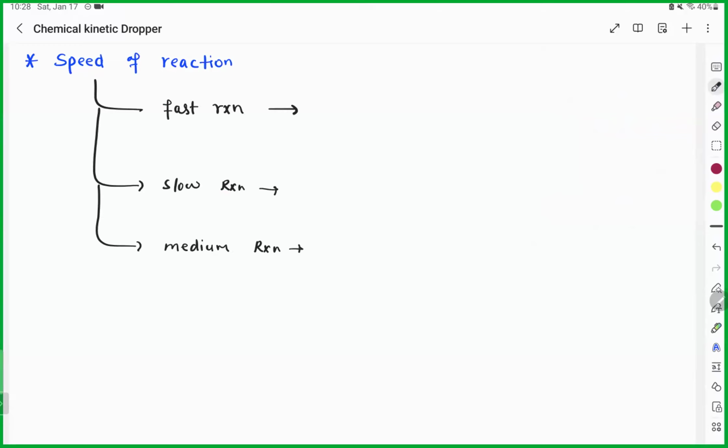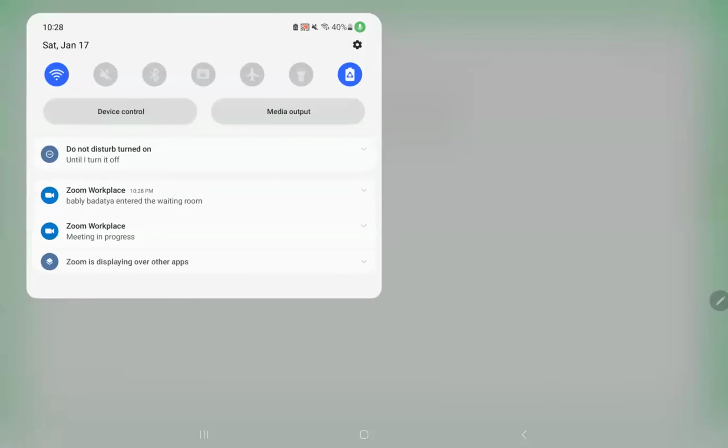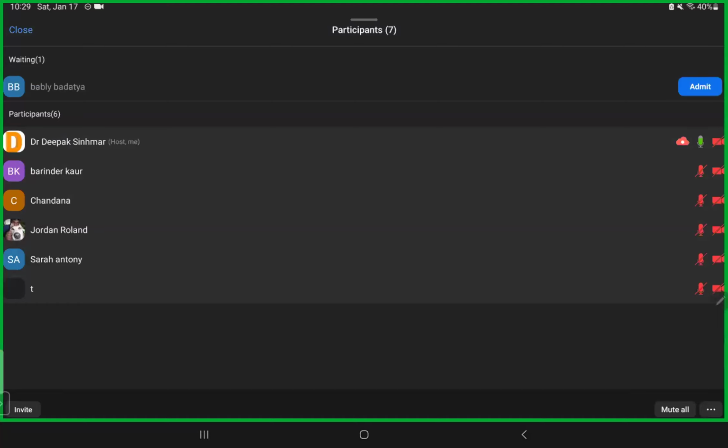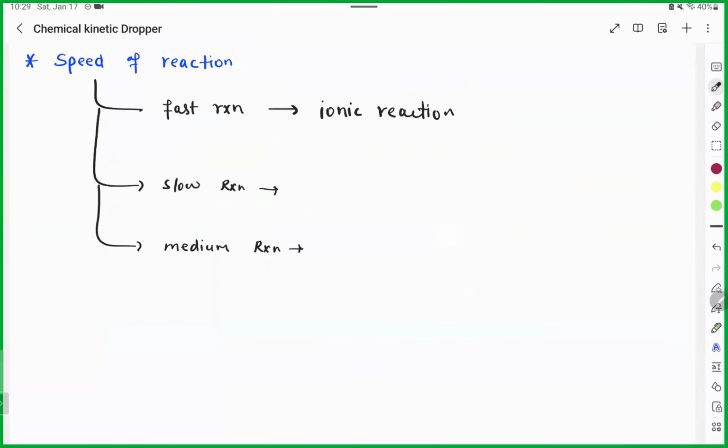So fast reactions are mostly ionic reactions, because ionic reactions in water are really quick. So this fast reaction occurs in the case of ionic reactions. For example, if you take silver nitrate, AgNO3, it reacts with NaCl.